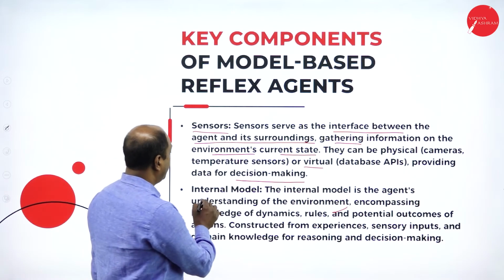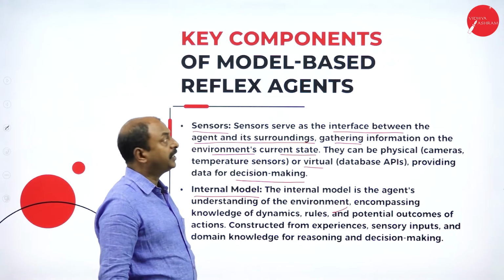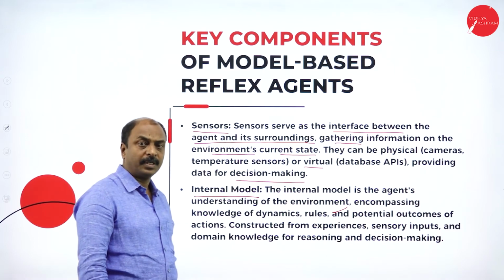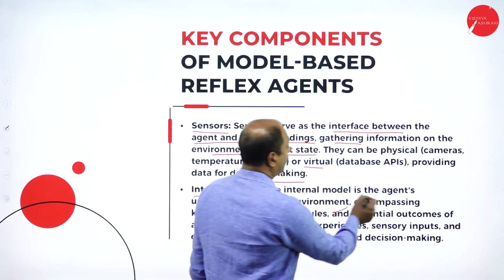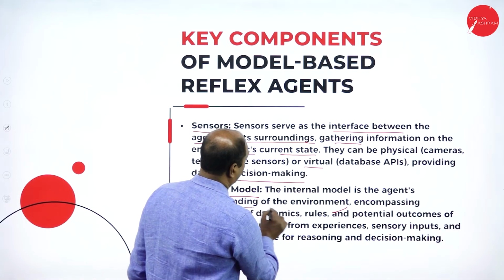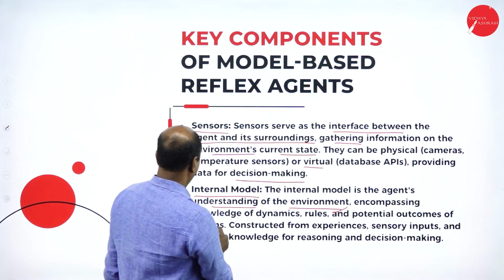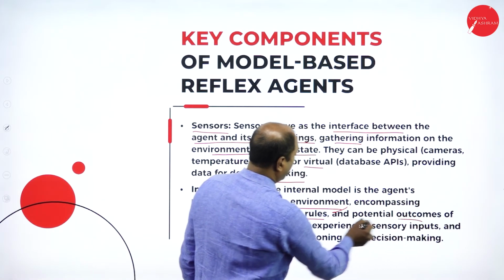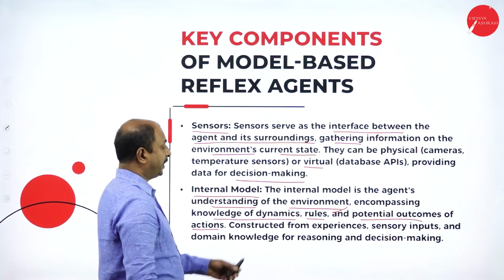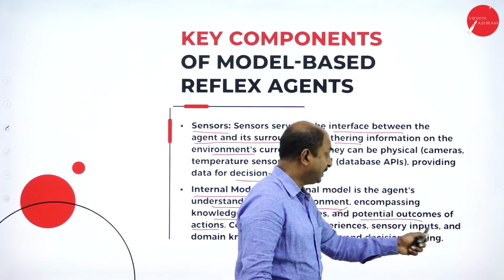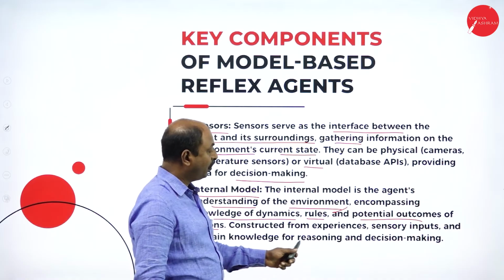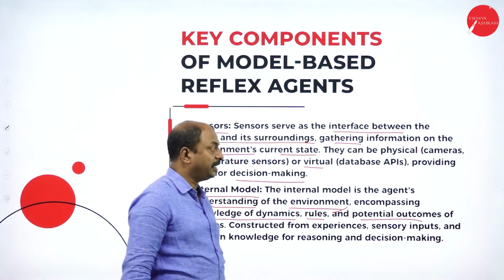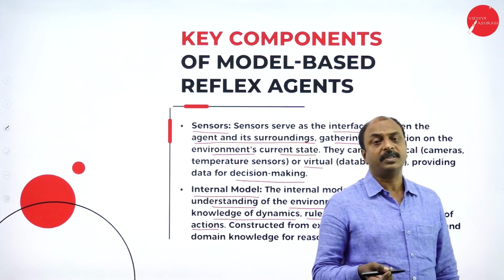Next one is internal model. Because this model-based reflex agent works based on the predefined models existing in the system. Internal model is the agent's understanding of the environment, encompassing knowledge of the dynamics, rules, and potential outcomes of the actions. It is constructed from experience, sensory inputs, and domain knowledge for reasoning and decision making. So what is internal model? As we know, it works based on the model.